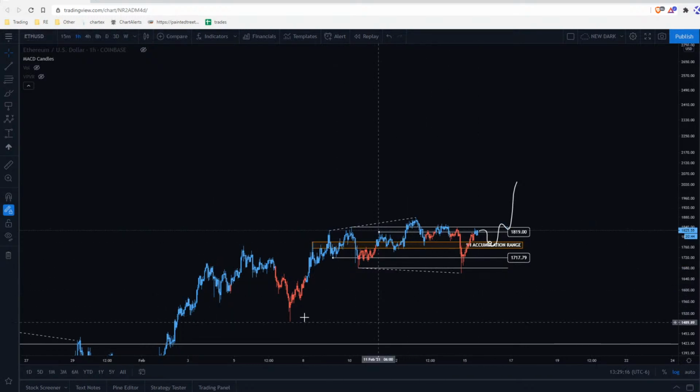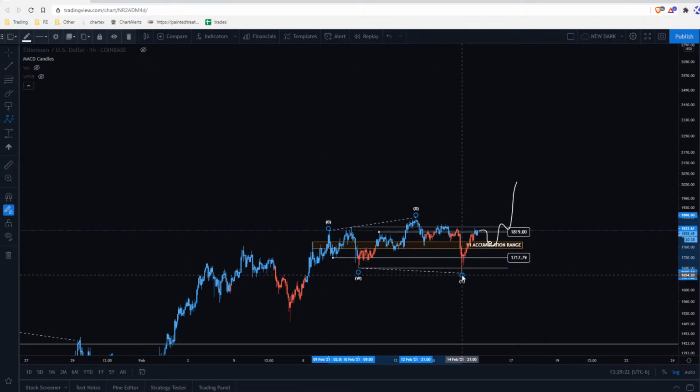Not quite, it's an expanding flat WXY shape. W, X, Y. So this has been part of my system for a long time. But I wanted to start dissecting these a little bit better. And this is helping me do that with marking the ranges.